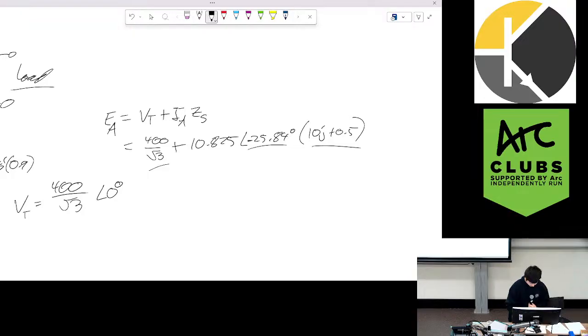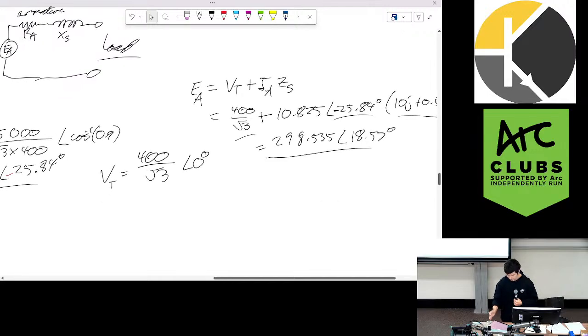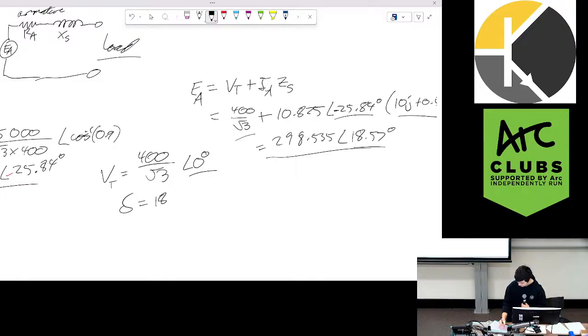And in phasor form, I get 298.535 with an angle of 18.57 degrees. All right. Fantastic. So, by now comparing the angle of my excitation and my terminal voltage, I get a delta of 18.57 degrees. All right, good stuff.